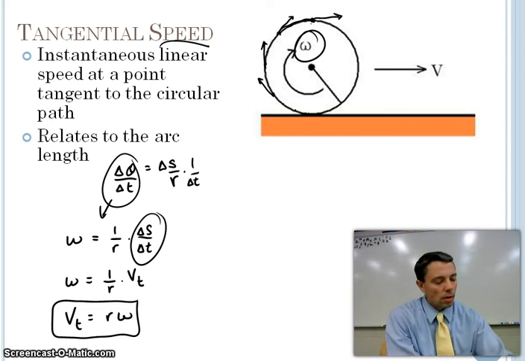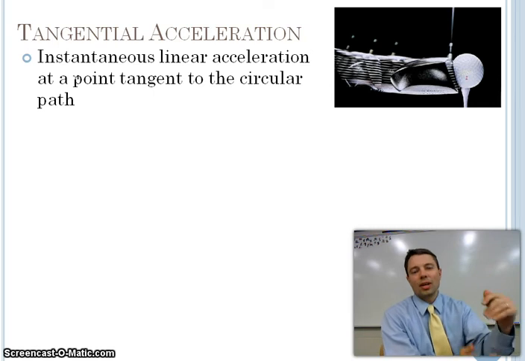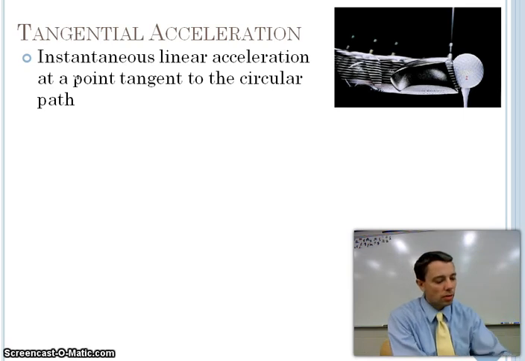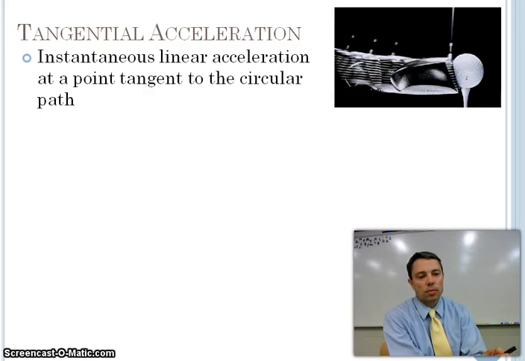Now that's good because we can equate tangential speed into tangential acceleration. If we start slower and we're speeding up, we're seeing a change in that actual velocity. This velocity can change, and if it changes with respect to time, we will see an acceleration. We call this the tangential acceleration.